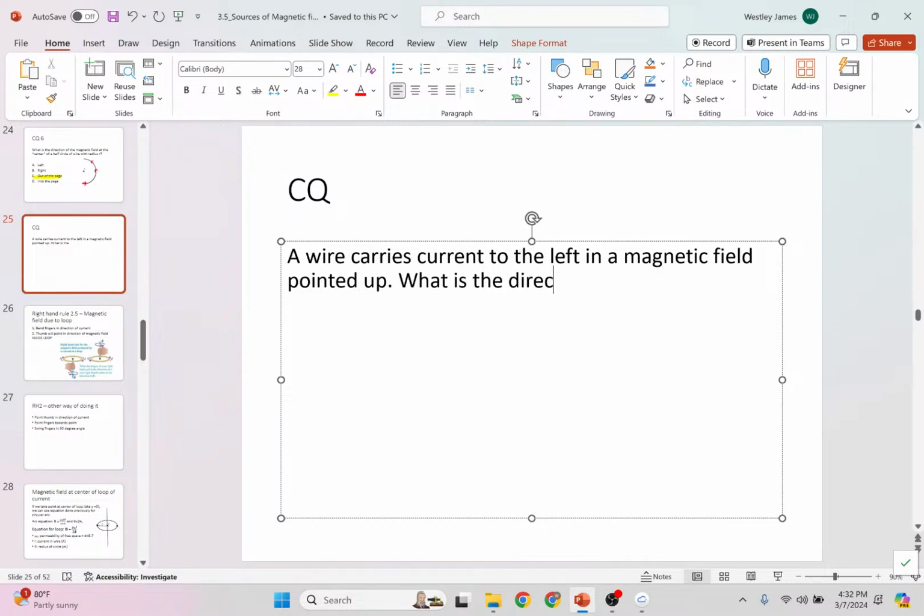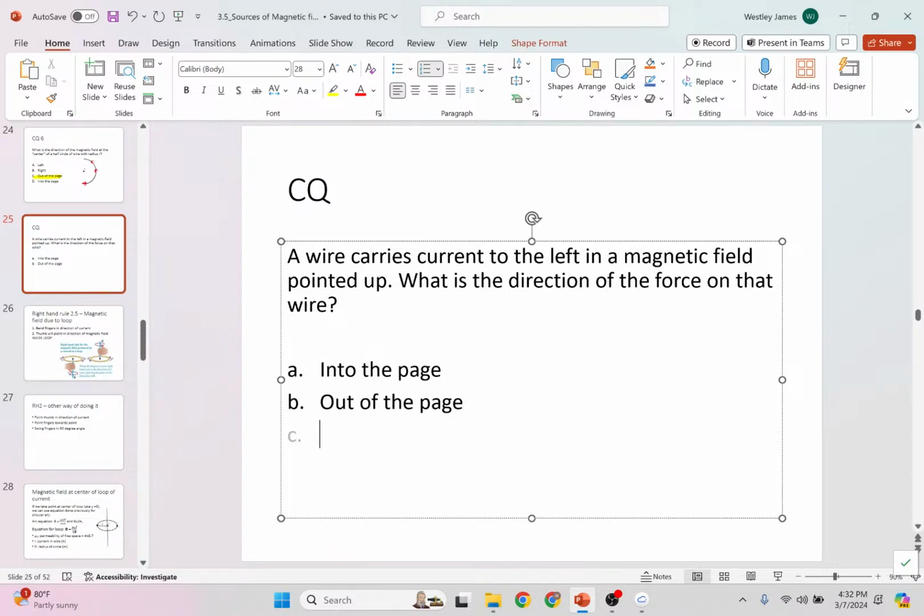What is the direction of the force on that wire? Is it A, into the page, B, out of the page, C, up or down?